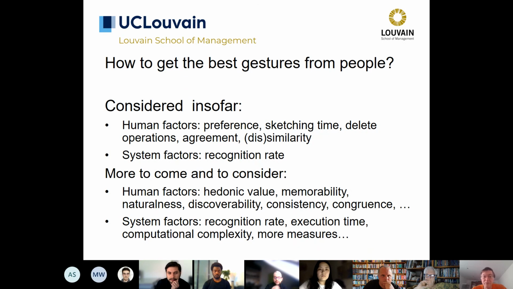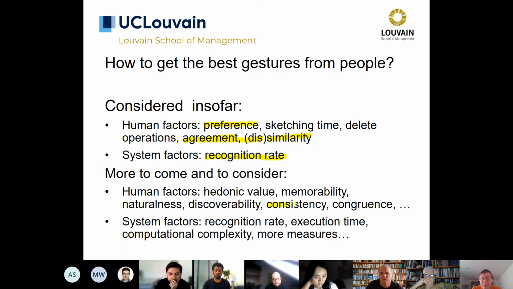So I wanted to finish by saying, before the discussion, that we have been talking about how to maximize preference, how to take into account agreement, how to take into account the similarity or dissimilarity between gestures, to what extent we can recognize those gestures, but there are many other factors to take into account. And the key thing now is not just to acknowledge these factors, but also to say which one is more important.